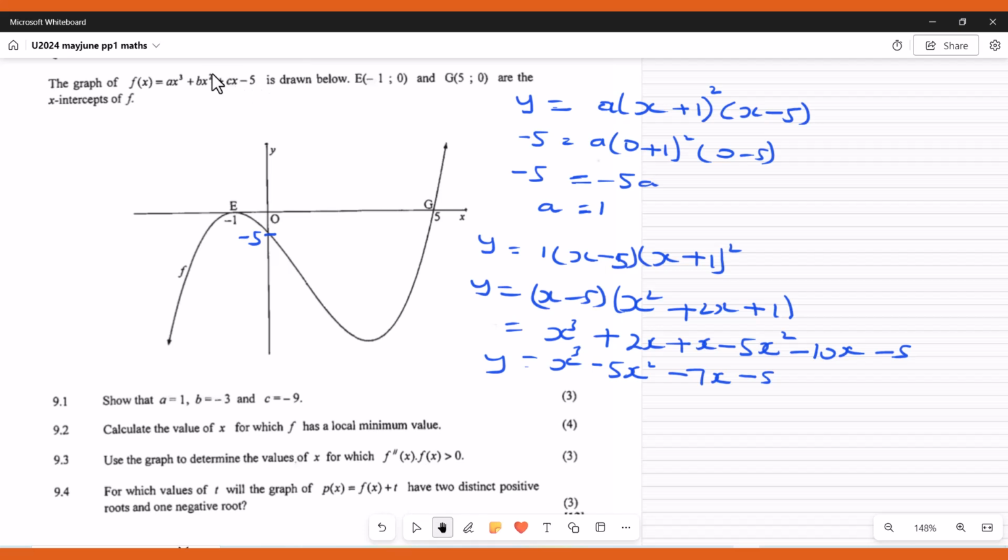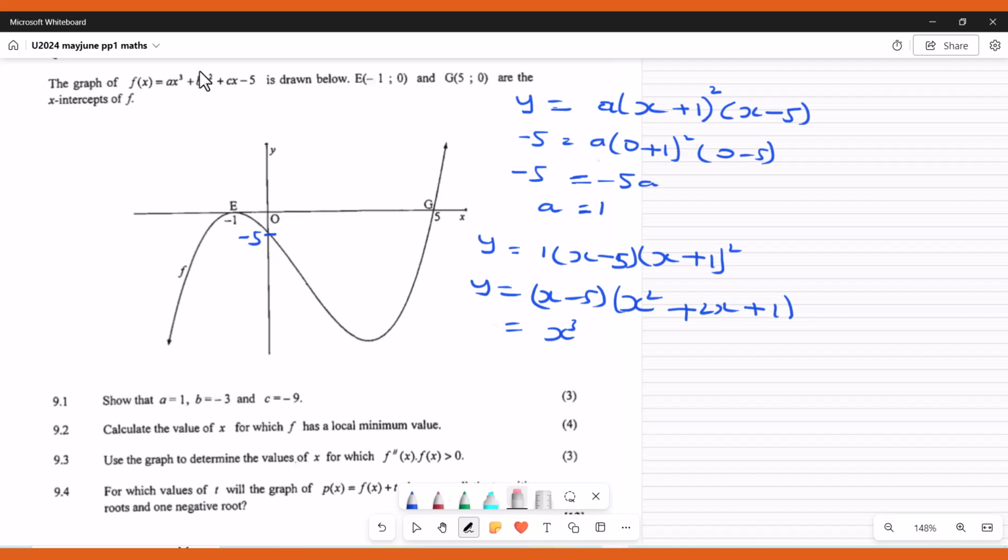I beg your pardon, I can see that this one's supposed to be squared here. Let's check properly.